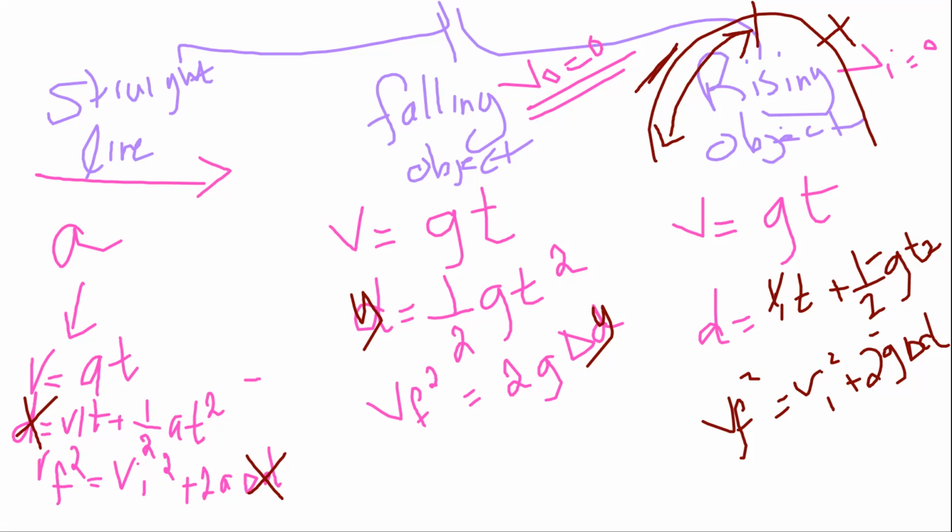In the first movement, when I'm rising or throwing the ball, the acceleration will be negative 10. And when it reaches the highest point and changes its movement from upward to downward, the acceleration will be positive. Why will the acceleration be positive, like it's going down? Yes, it's going with the direction of the gravity. Okay, so it will be positive.